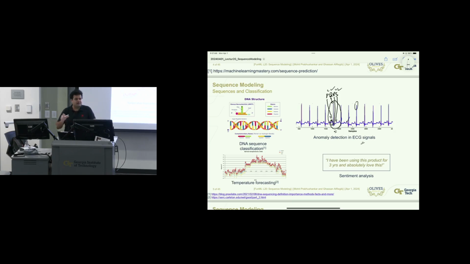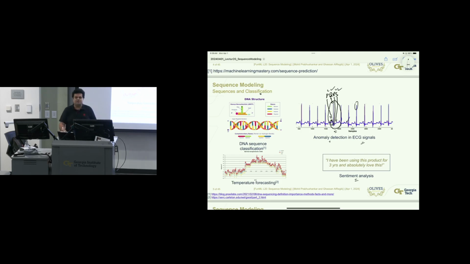So you require this modeling before you can do some kind of a classification and say that maybe Q, the region of Q, is not in the right position, in which case you would be doing some kind of anomaly detection in ECG signal, which is basically a classification that the current signal is some type of an anomaly. Same thing with sentiment analysis as well.